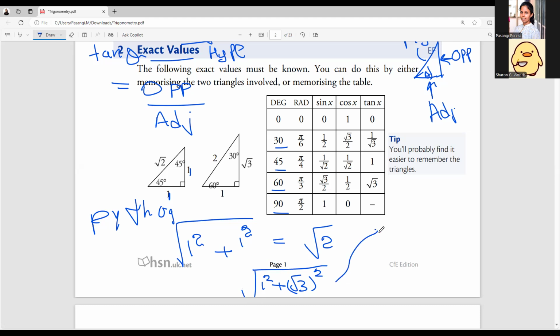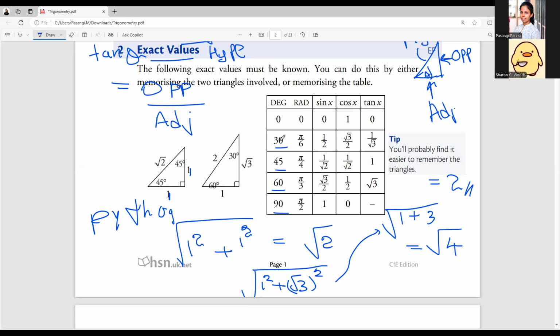Then what will happen here? 1 squared is 1 plus square root 3 squared means 3. 1 plus 3 complete square root, that means square root of 4, that means 2. That's how we got the value for this height as 2.